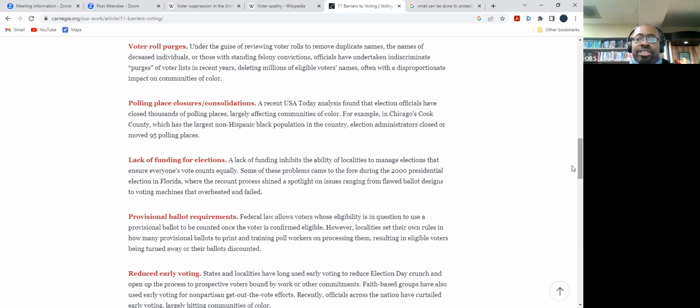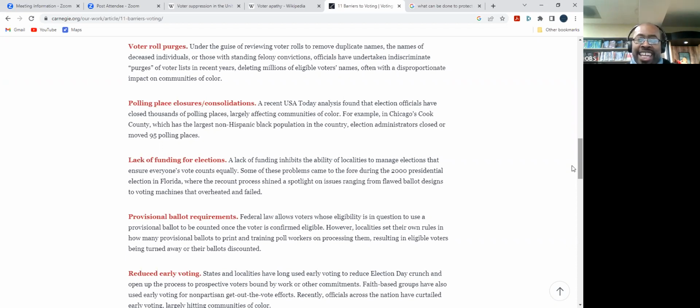And in these cases, we also see that you have very long lines. So if you go into a polling place and you have a very long line, if, for example, the polls close at 7 p.m. local time, by law, they cannot turn you away.